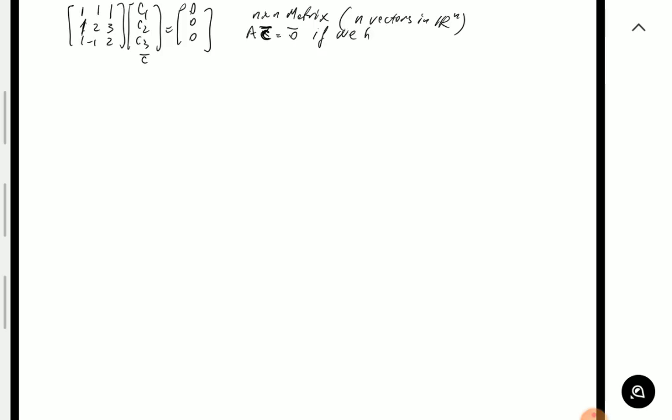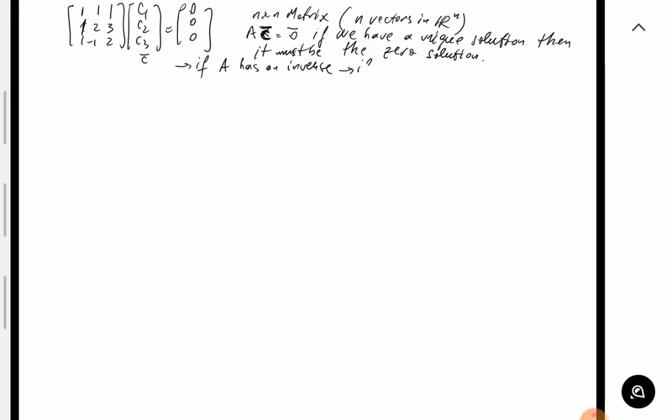If we have a unique solution of the system, then it must be the zero solution, right? Because, and when does that happen? That happens if A has an inverse, which happens if the determinant of A is not equal to 0, right?